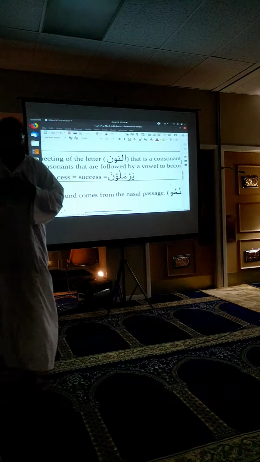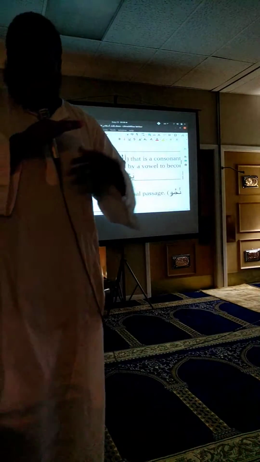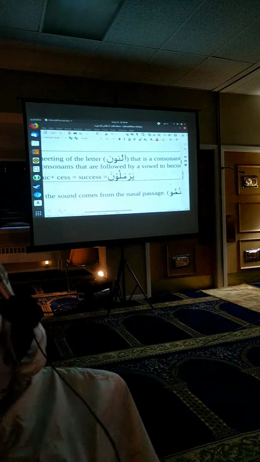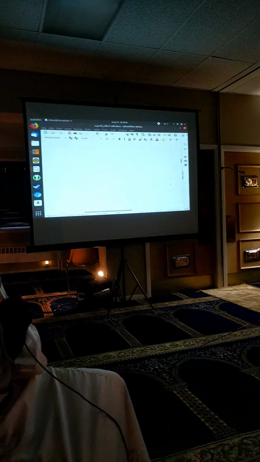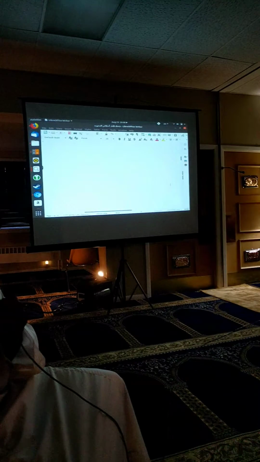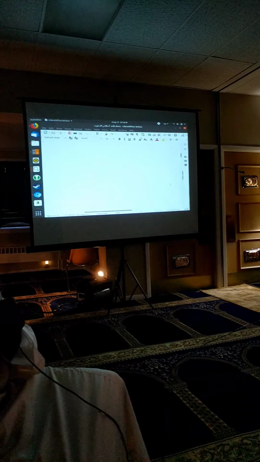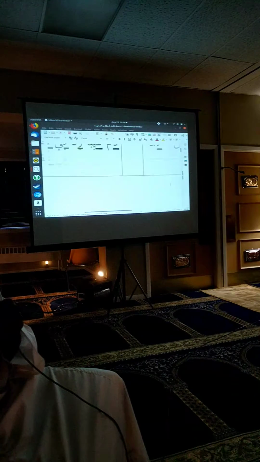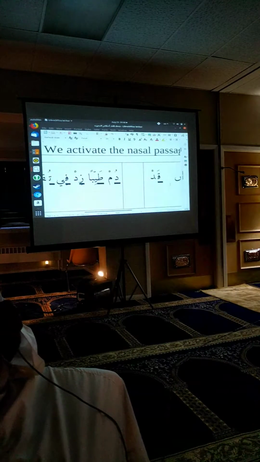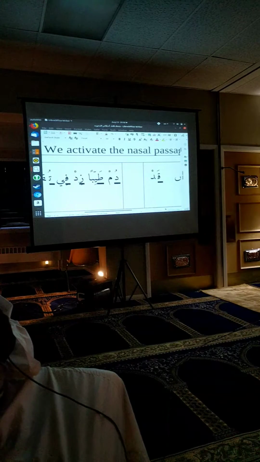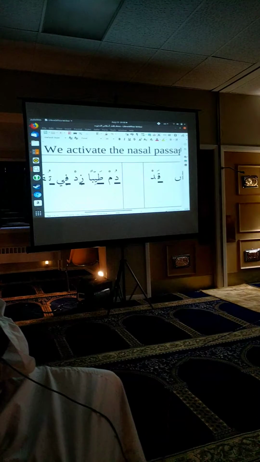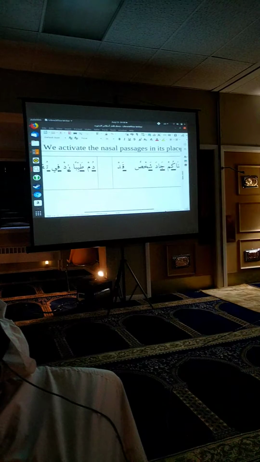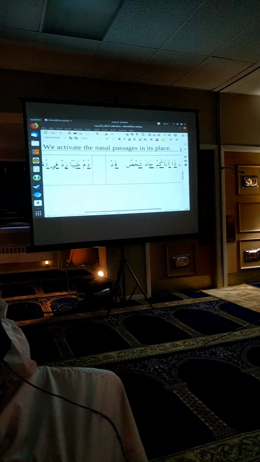So this poem, all the ones that are underlined, all the letters that are underlined, those are the letters in the poem that are part of ikhfa, right? So this is the first line right here, and this is the second line right here, right?